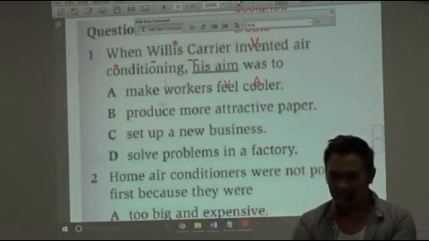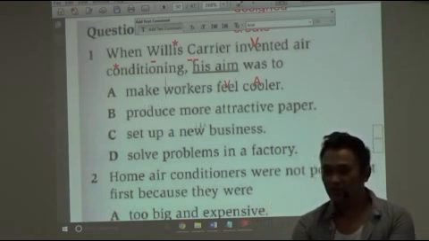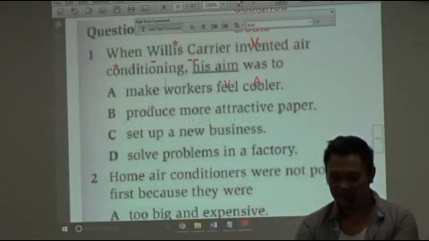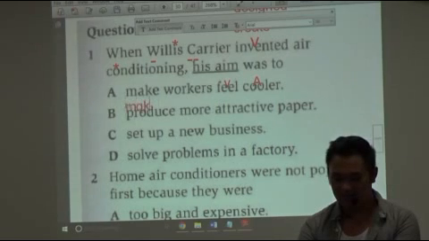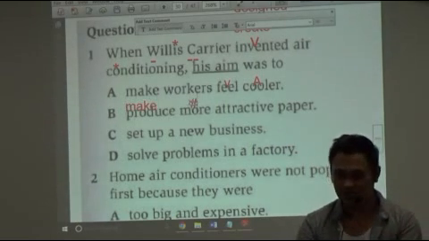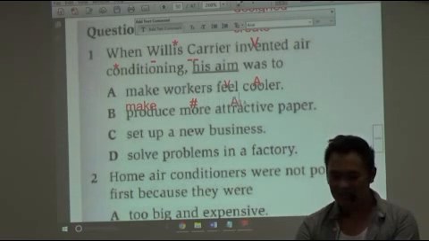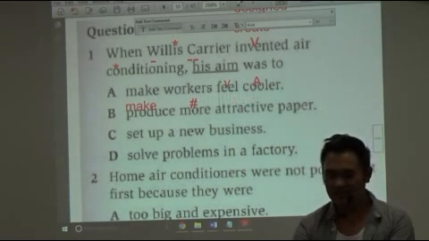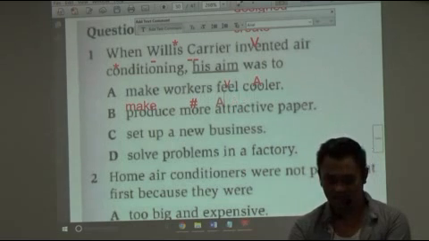Okay? Letter B, produce more attractive paper. Keyword, produce. What does produce mean? Make, isn't it? More is 얼마. It's a number. More, how much? Attractive is adjective. What does attractive mean? Everybody say attractive.